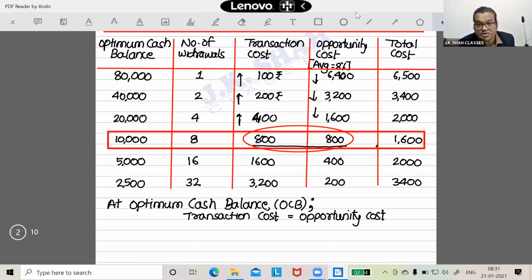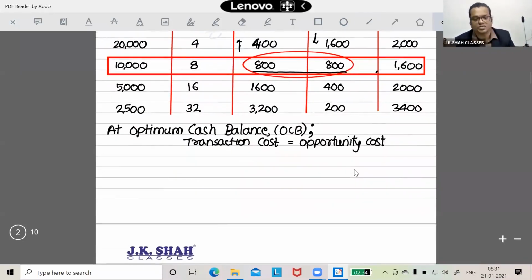Okay, sir, then how would you derive a formula from this? Yes, we will talk about it. You help me derive this transaction cost of 800. How did we get this 800 rupees? You tell me, what is our annual cash requirement? Are you people with me?